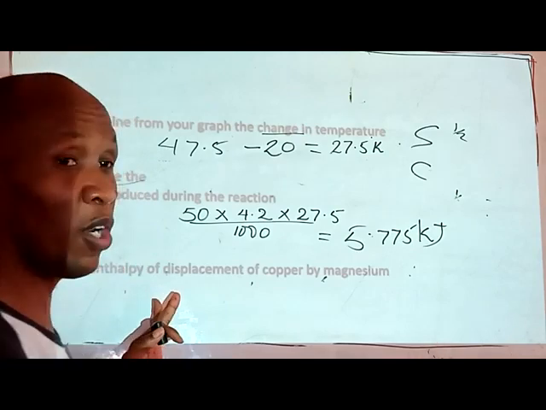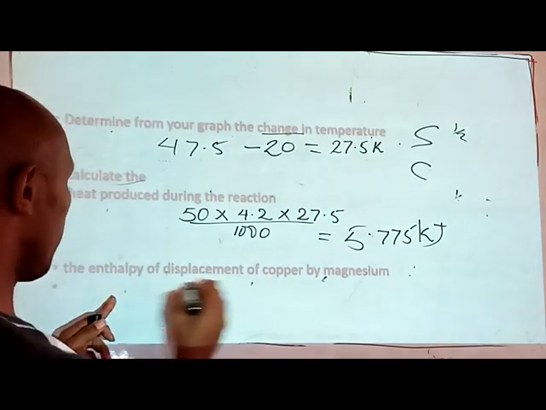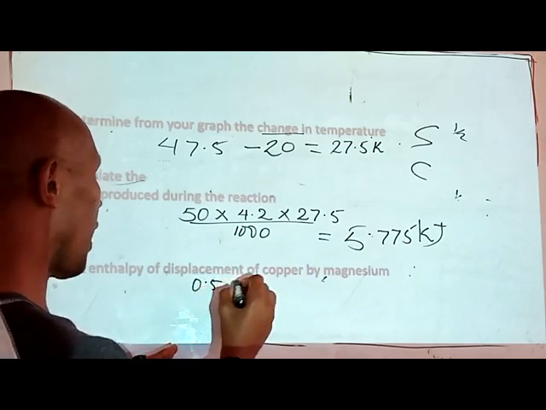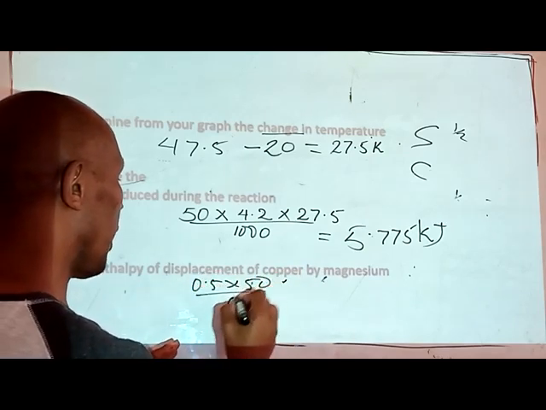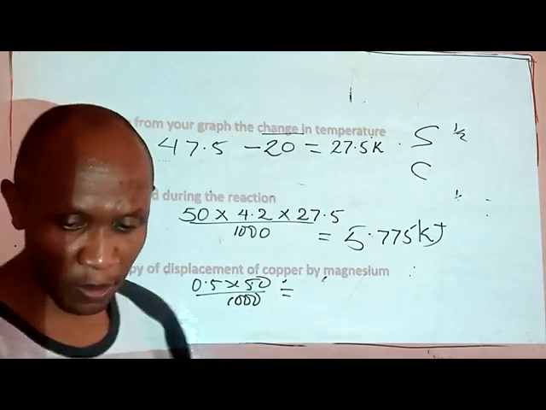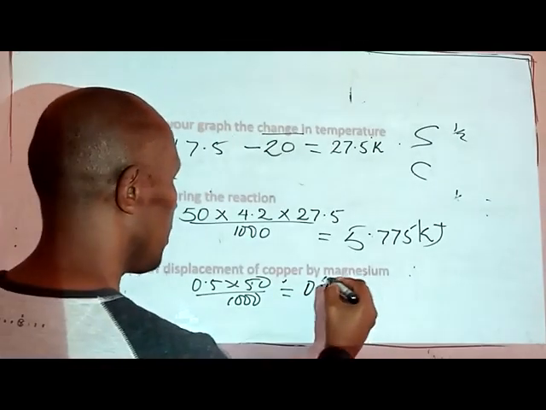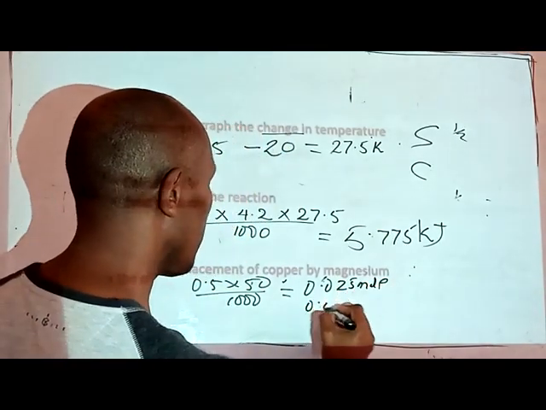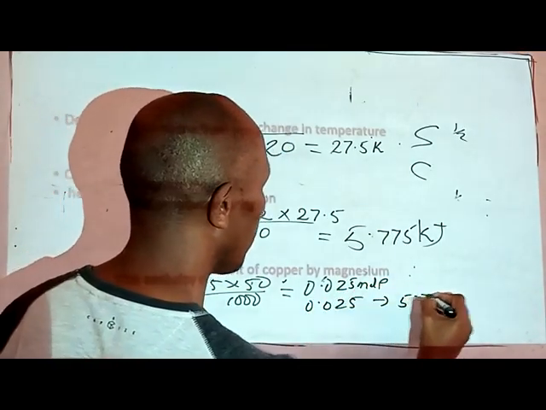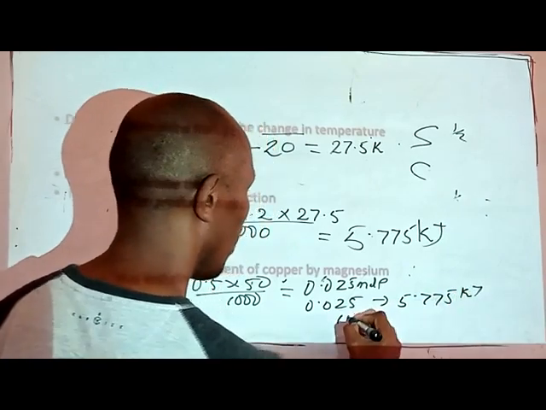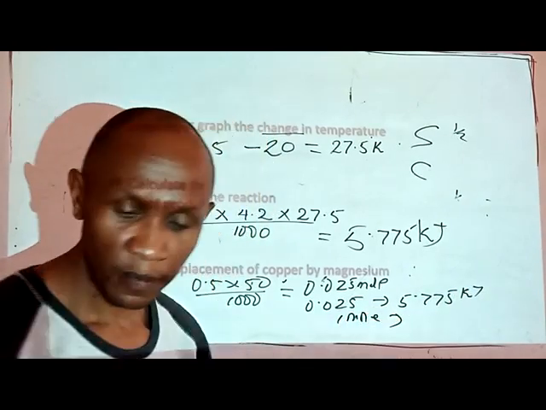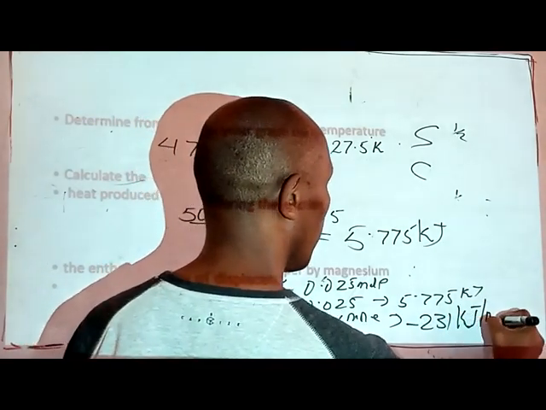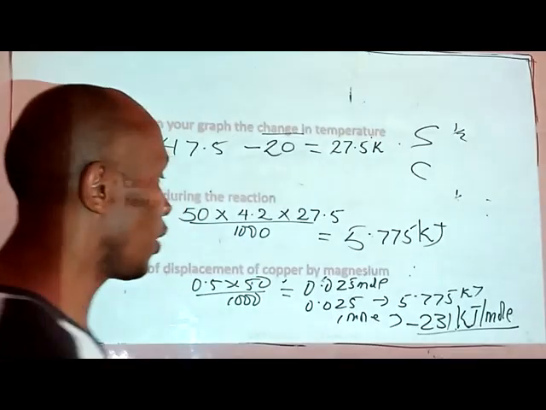Now, by how many moles of copper sulfate? Because I want to get the molar enthalpy, 0.5 times 50 over 1,000, that is equal to 0.025 moles. So 0.025 moles produce 5.775 kilojoules, about 1 mole. Negative 231 kilojoules per mole, and that is what it's going to be.